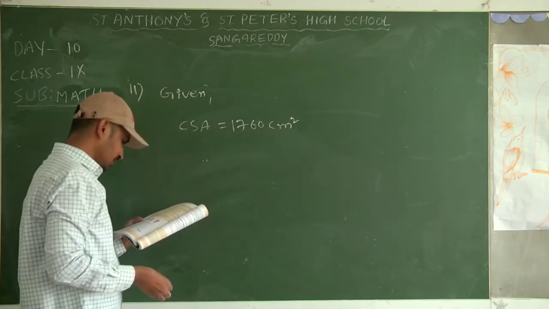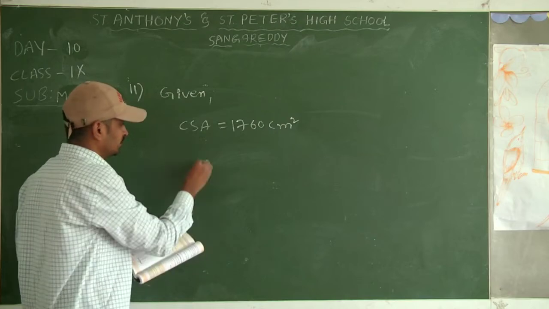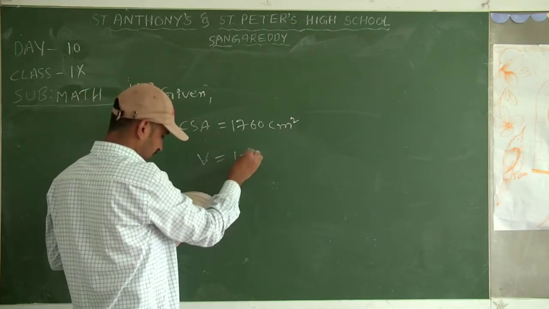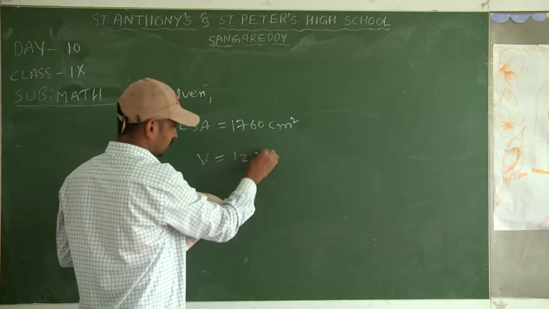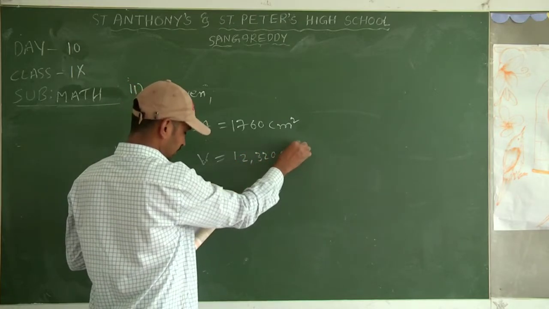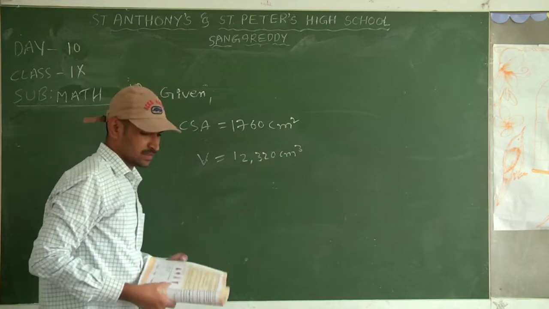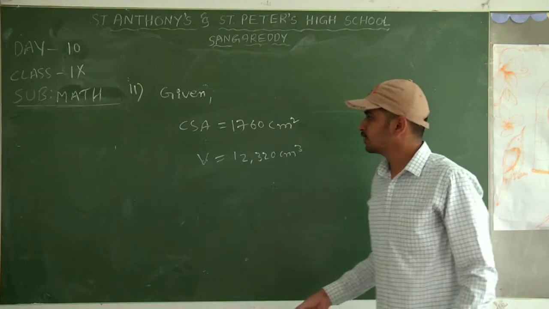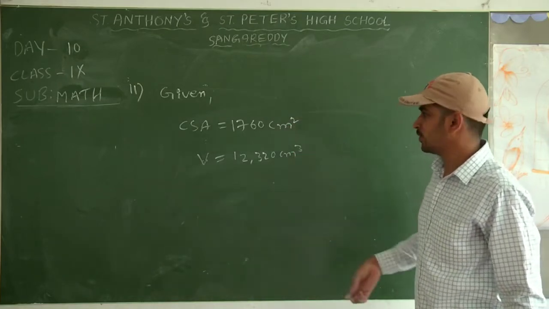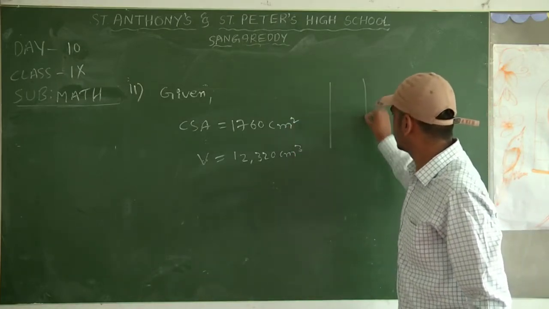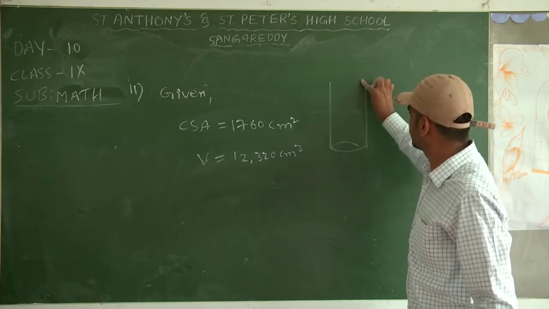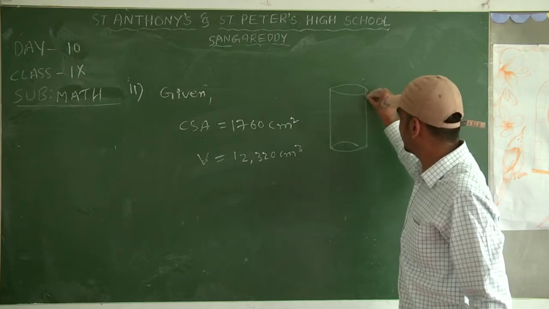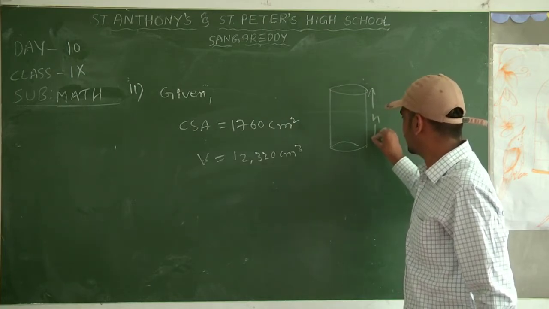Next, the volume of the cylinder is 12,320 centimeter cube. Find its height. So the radius and height are not given. Instead, CSA and volume of the cylinder are given. Two are unknown. We have to find the height of the cylinder.